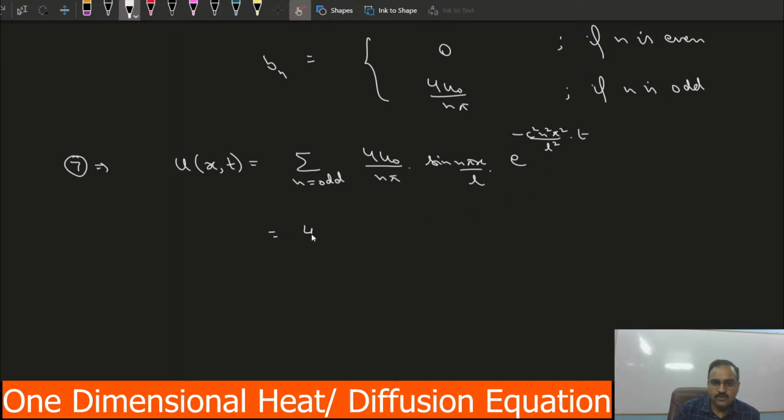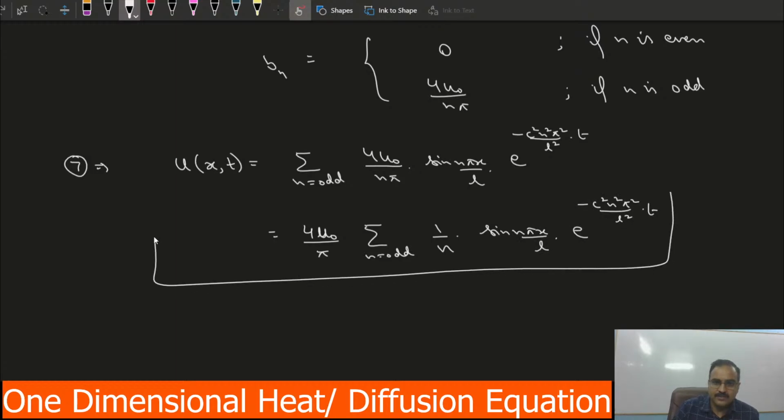Maximally, you can take 4 u naught over pi common, summation for n odd, 1 over n into sin of n pi x by l into e raised to power minus c square n square pi square over l square into t. Now this is your final solution for the given problem.